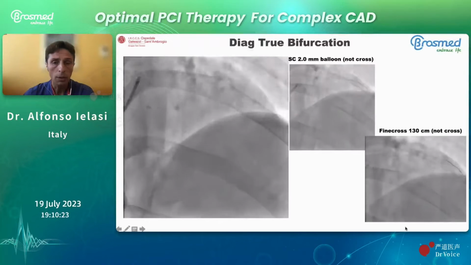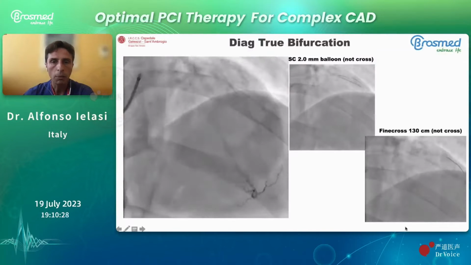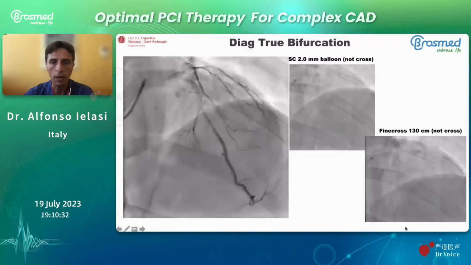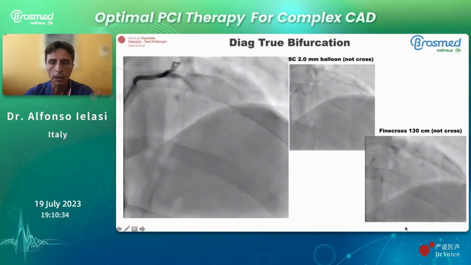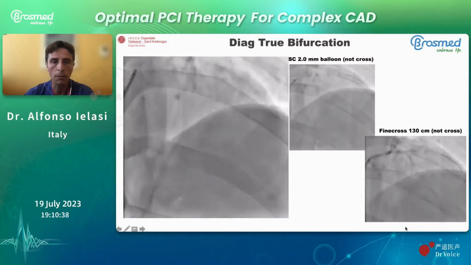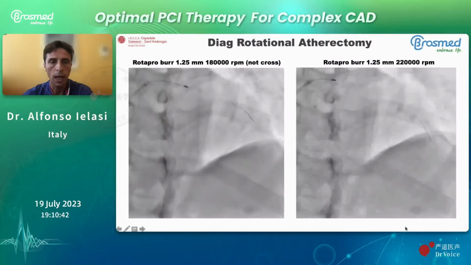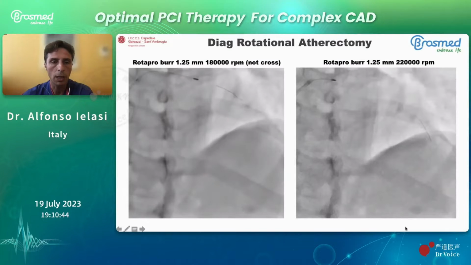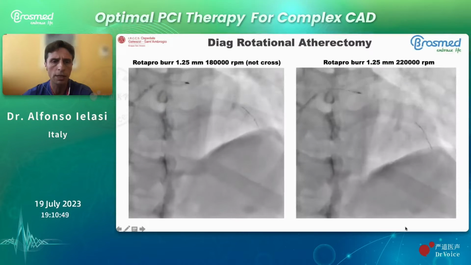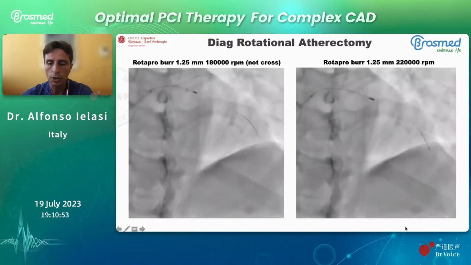Both branches were wired, but a 2.0 semi-compliant balloon did not cross the resistant lesion, and even a Fine Cross 130 microcatheter was not able to cross the calcified lesion. So the BMW wire was exchanged with a RotaFloppy wire, and rotational atherectomy with a 1.25 mm burr was performed. The first attempt was not successful. Then at high speed, the burr crossed the lesion.